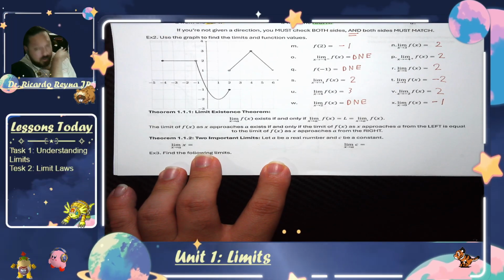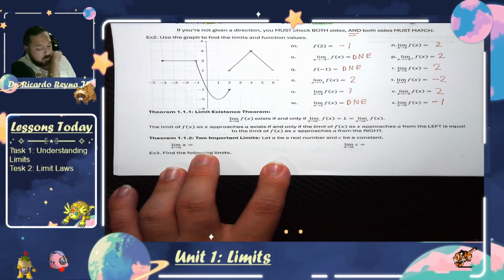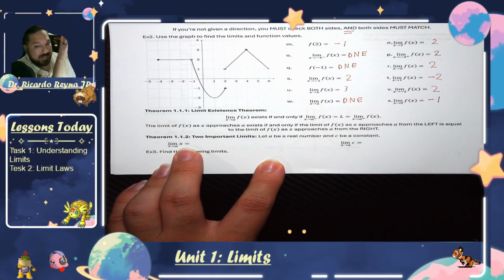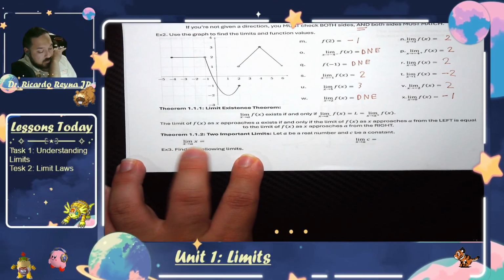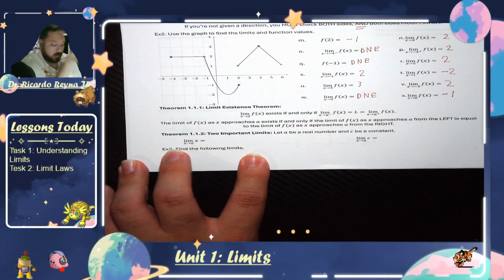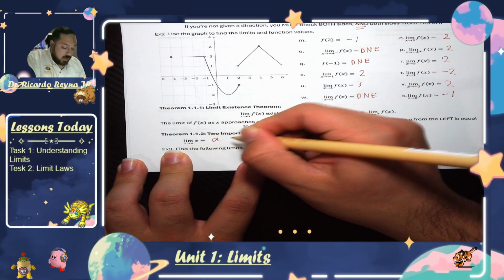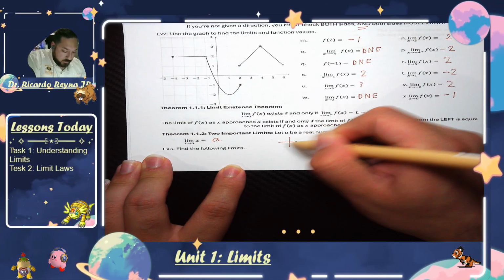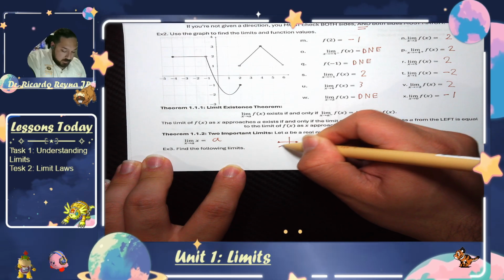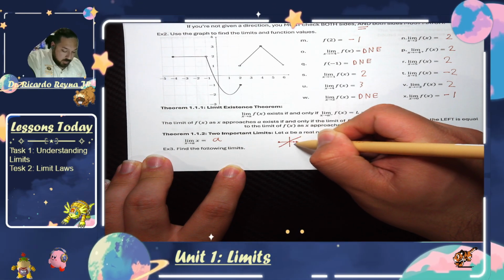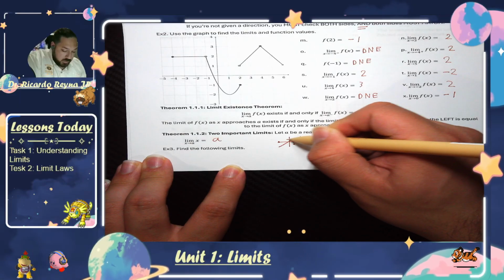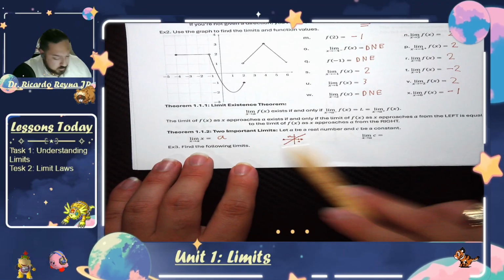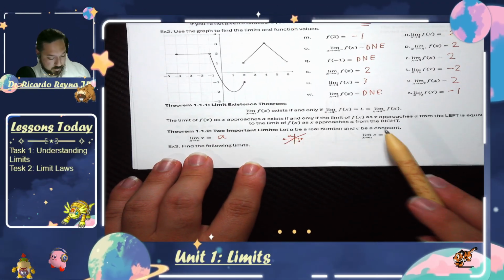First, we want to cover 2 baseline limits. Let our f of x function just be a classic x line. The limit as x goes to a on that x line will just be that a. If we think of a function as that classic line, then of course wherever a is, it'll land as an output of a as well, as you look from the left and from the right.